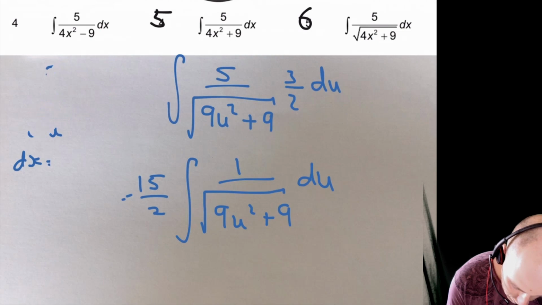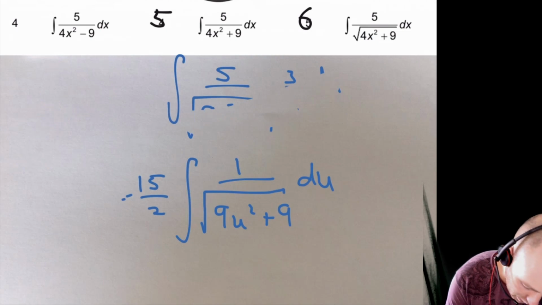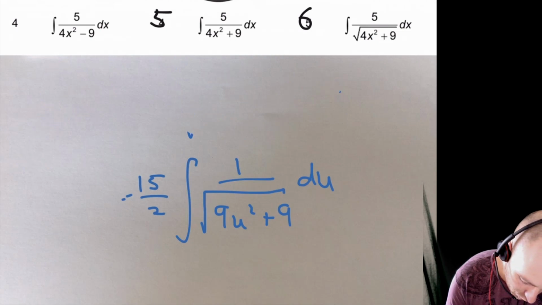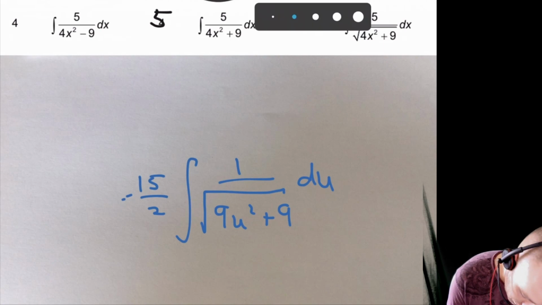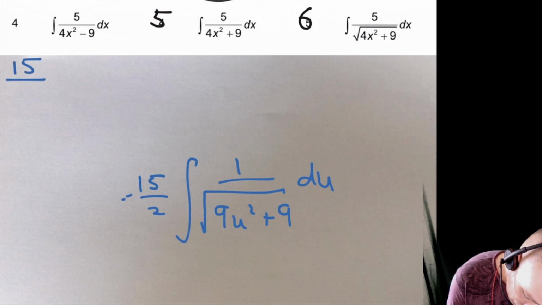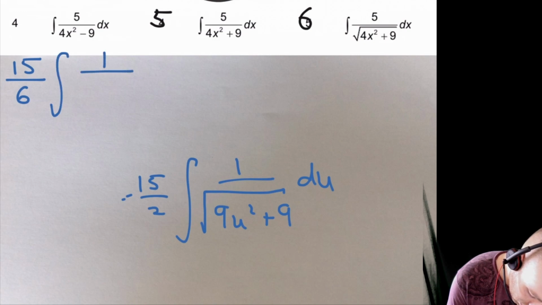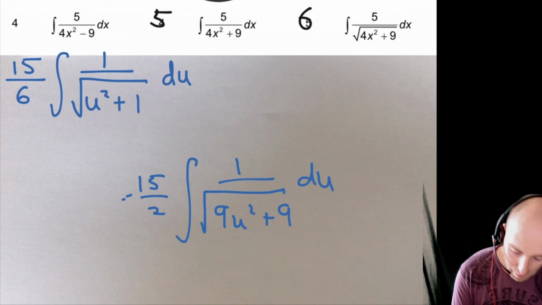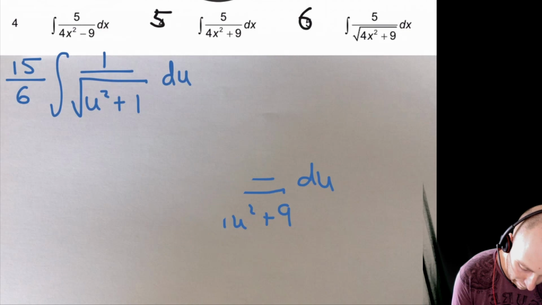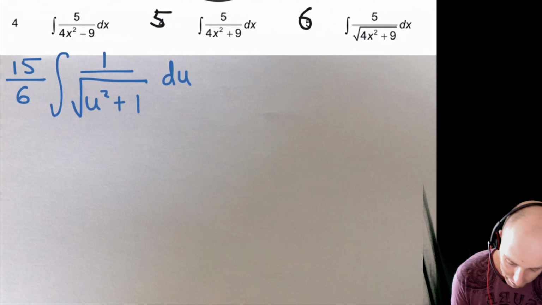We're not going to take out a factor of 9 this time. We're going to take out a factor of root 9, and root 9 is, of course, 3. So we're going to get 15 over 6 integral square root u squared plus 1 du. We get that.